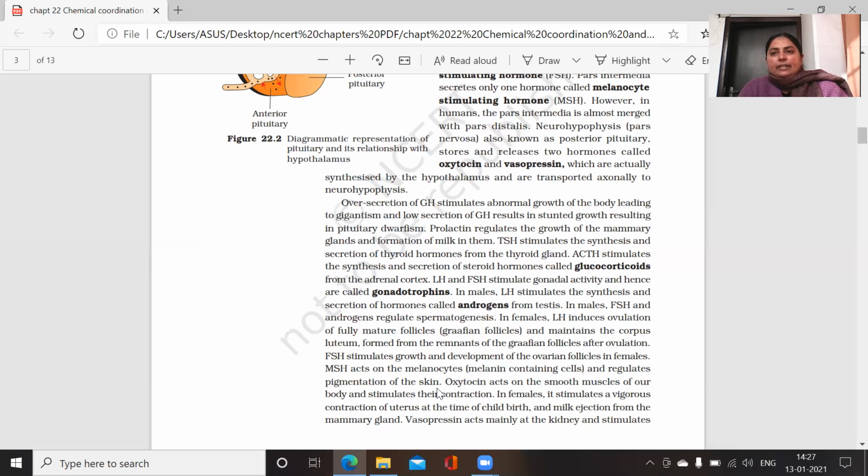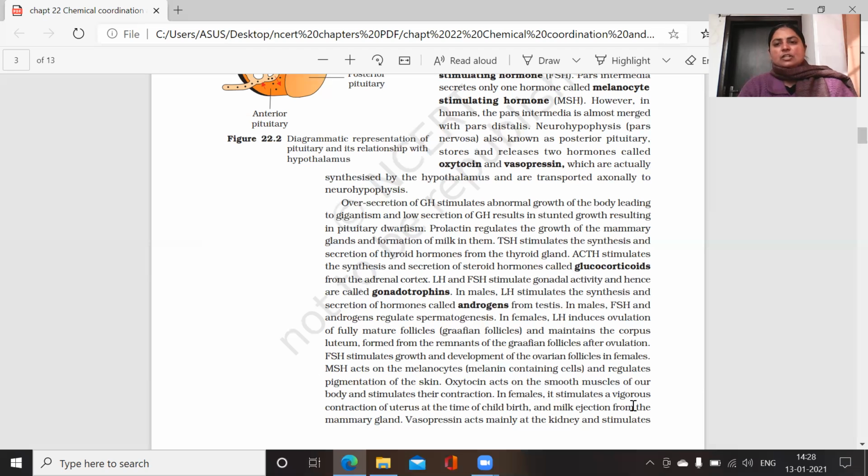Then there is another hormone, MSH, that is melanocyte stimulating hormone. It acts on the melanocyte cells to produce melanin pigment, and it regulates the pigmentation of your skin. The hormone oxytocin acts on the smooth muscles of uterine contraction, and it helps in the birth of the baby.